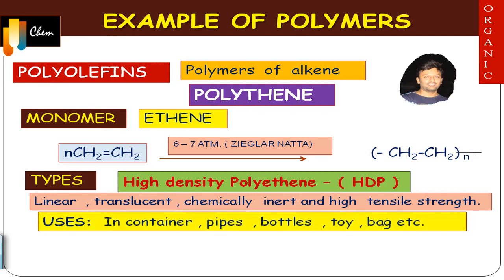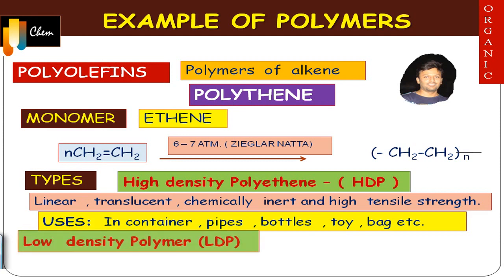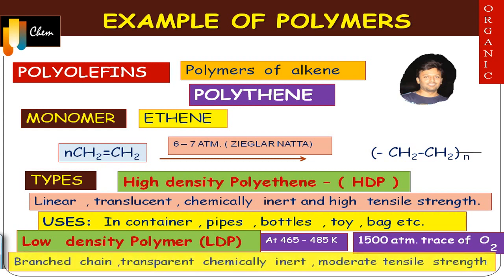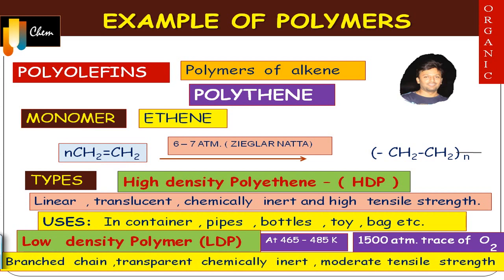Can be used for making containers, pipes, bottles, toys, bags, etc. The second type of polythene is low density polythene, or LDP. It can be prepared at 465 to 485 Kelvin at a very high pressure of 15 atmosphere. Its properties are branched chain and transparent, chemically inert, moderate tensile strength.